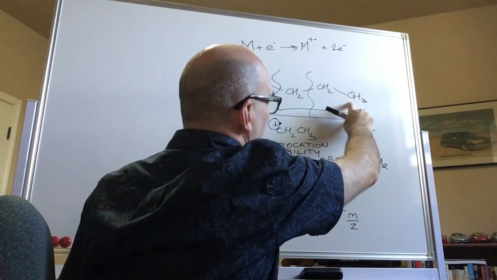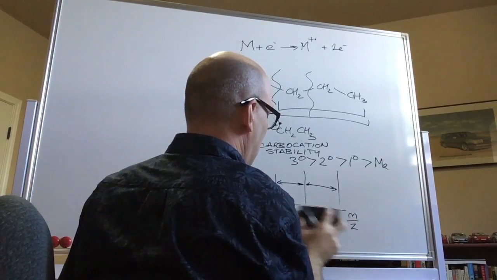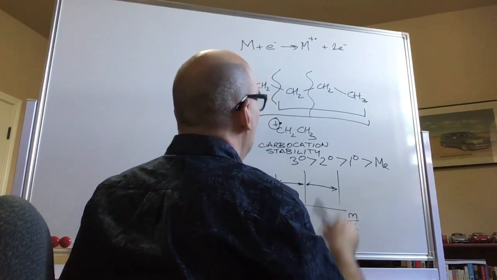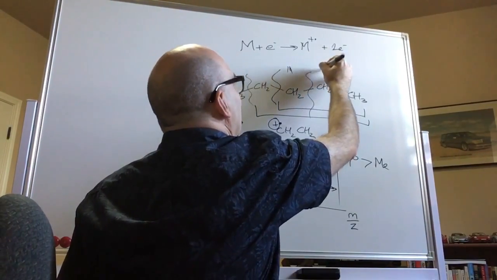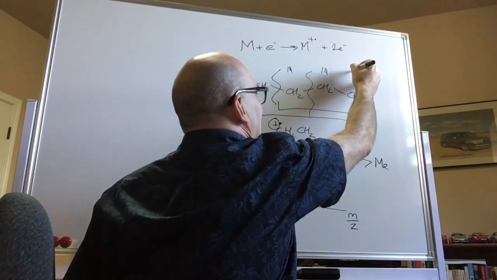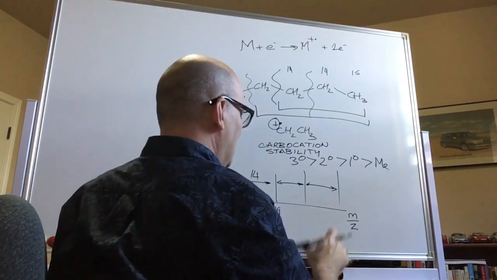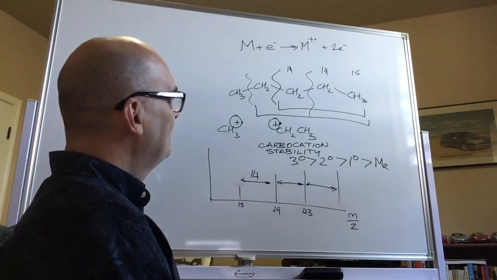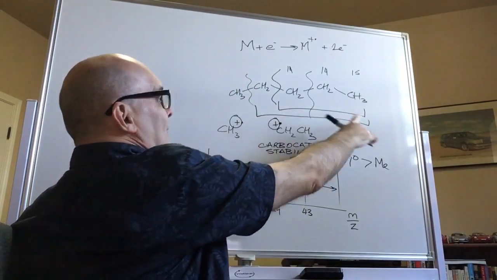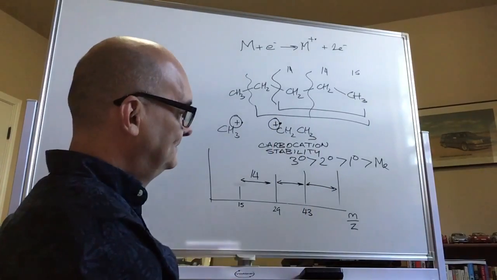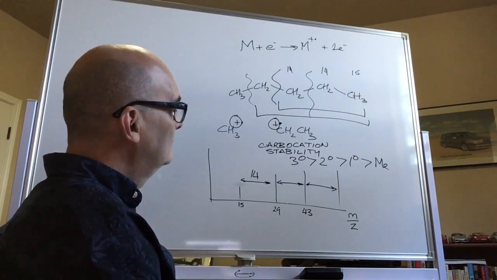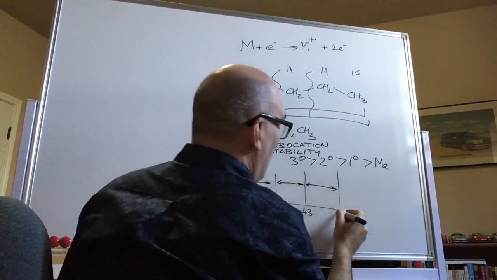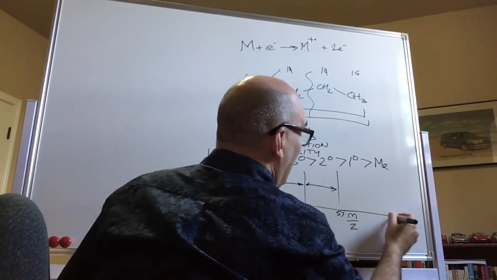Is it 14? Hang on. Yes. 14 and 14 is 28. And then 15 is my 43. Okay. That's a 3-carbon fragment. What about a 4-carbon fragment? 57. Yeah.